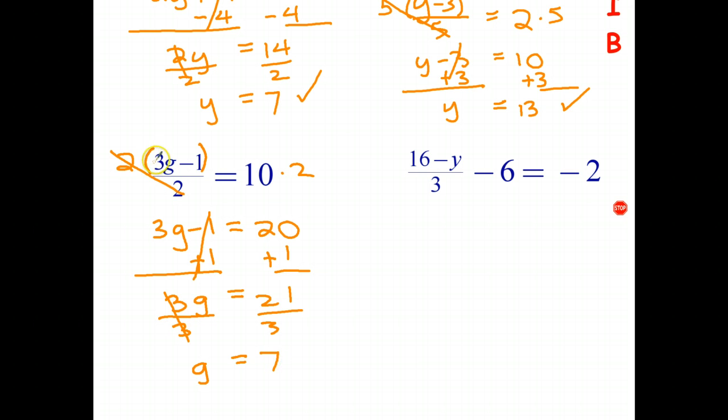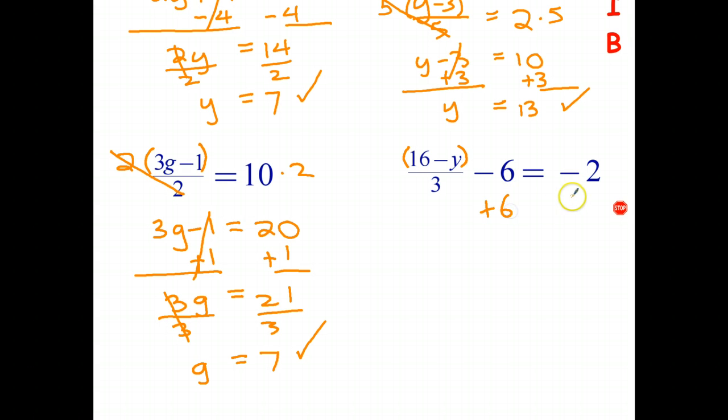Okay, check it. 3 times 7 is 21. 21 minus 1 is 20. 20 divided by 2 is 10. So that checks. Okay, looking at the last question on the page. Again, I'll put brackets around my numerator because it contains a subtraction. And the first thing I have to undo here is the subtraction, subtracting 6, that is.